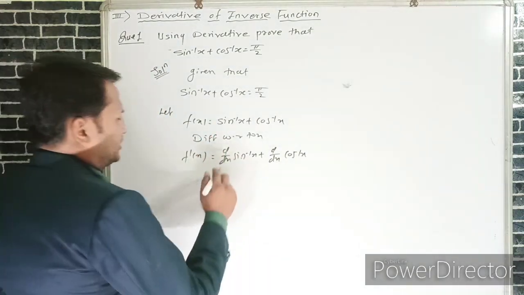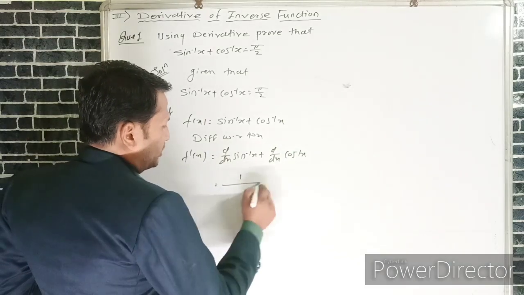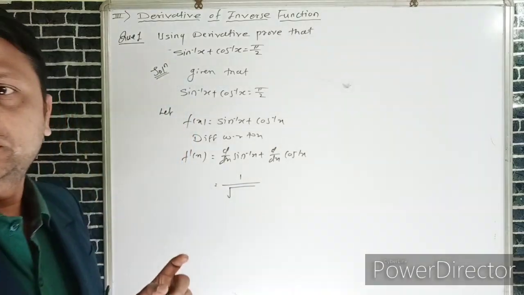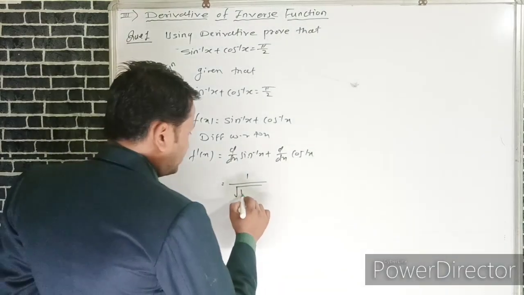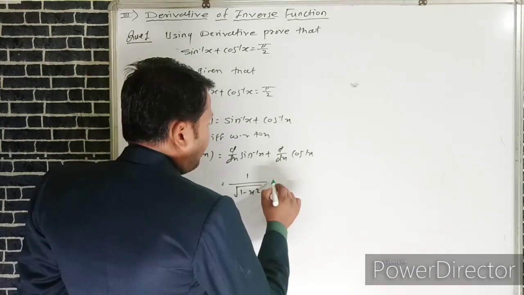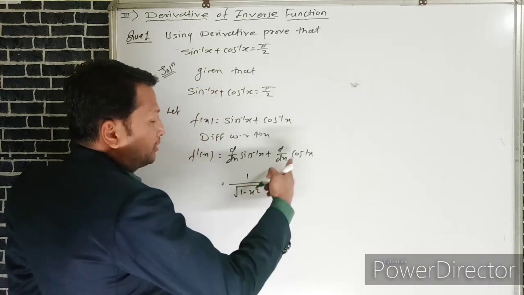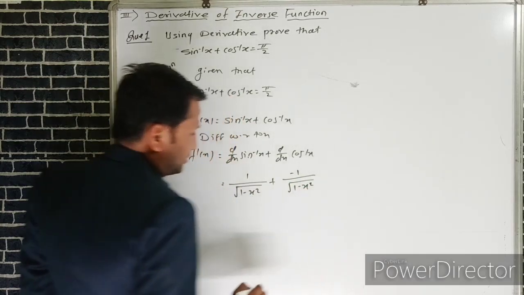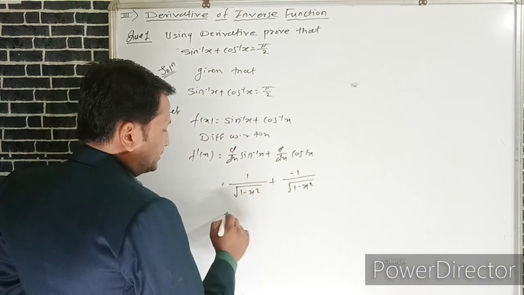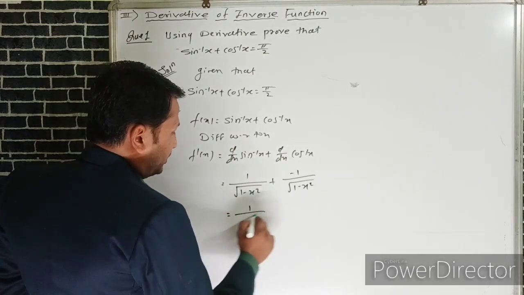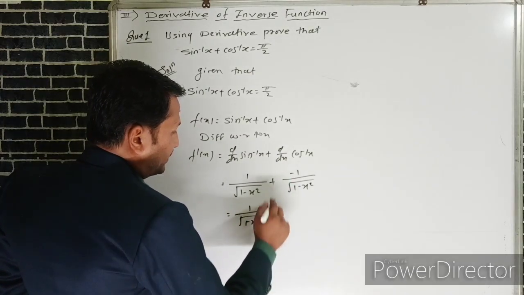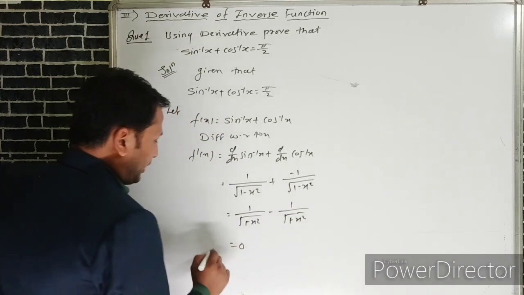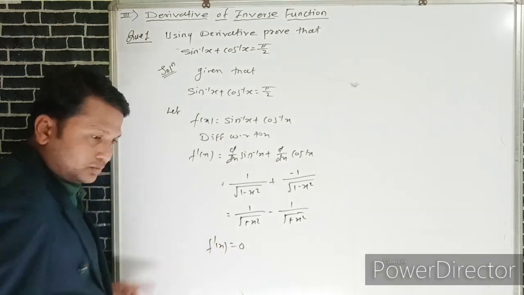The derivative of sin inverse x is 1 upon under root of 1 minus x square, plus, again, the derivative of cos inverse x is minus 1 upon under root of 1 minus x square. The plus and minus cancel, hence 1 upon under root of 1 minus x square plus minus 1 upon under root of 1 minus x square is equal to 0. Hence the value of f dash of x is 0.